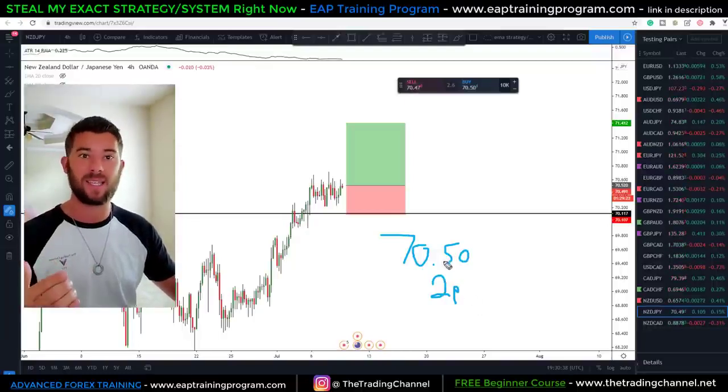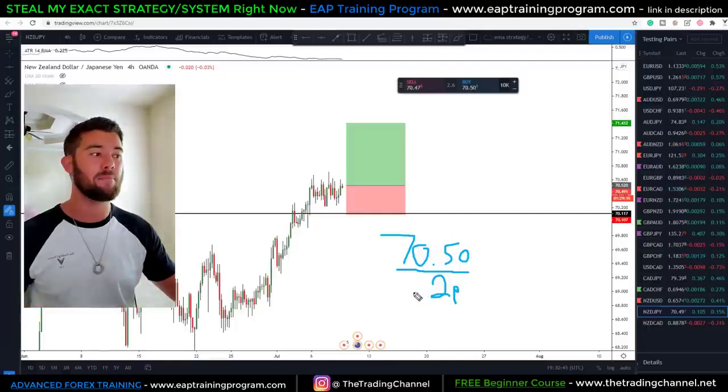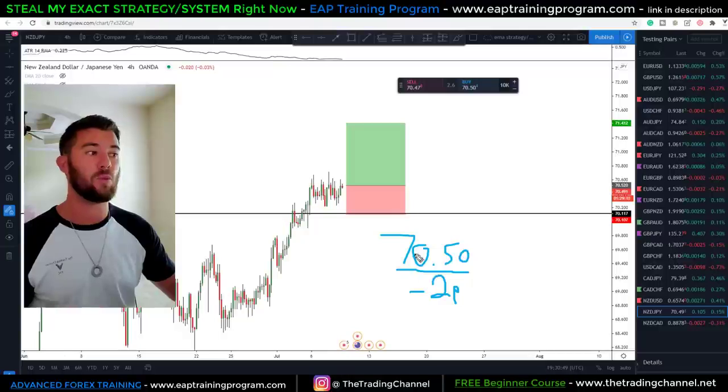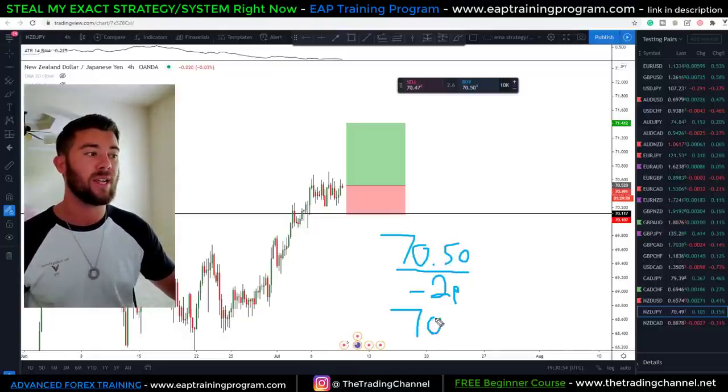Normally, the best price they can give you is whatever the actual price of your currency pair is, minus your 2 pip spread in terms of a sell trade. So in this case, you would not get in at 70.50, you would get in with your market order at 70.48.